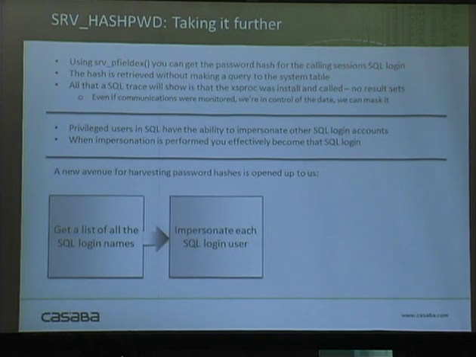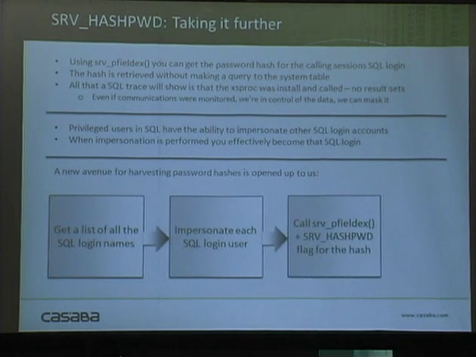Then you can impersonate each user one by one, and then call that hash function. And then basically you've got all of the SQL login hashes without querying that table, which means if somebody's monitoring the logs or they have an IDS in place, you've just gone past it because you're not doing it in any conventional fashion. So with that in mind, I, of course, ran out and created a function to do this.